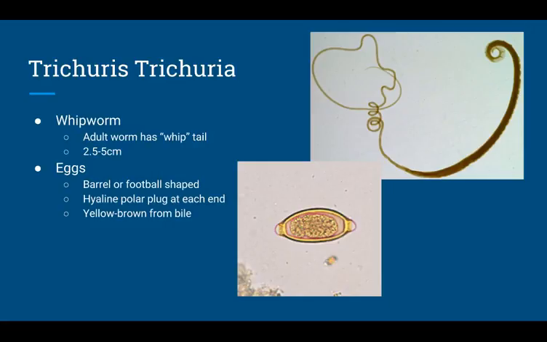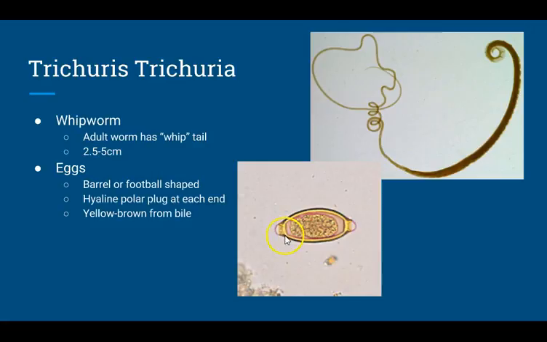Okay, the next one is Trichuris trichiura, or the whipworm. The whipworm has a long curly tail that is supposed to make it look like a whip. And this is seen with the naked eye. It's 2.5 to 5 centimeters.